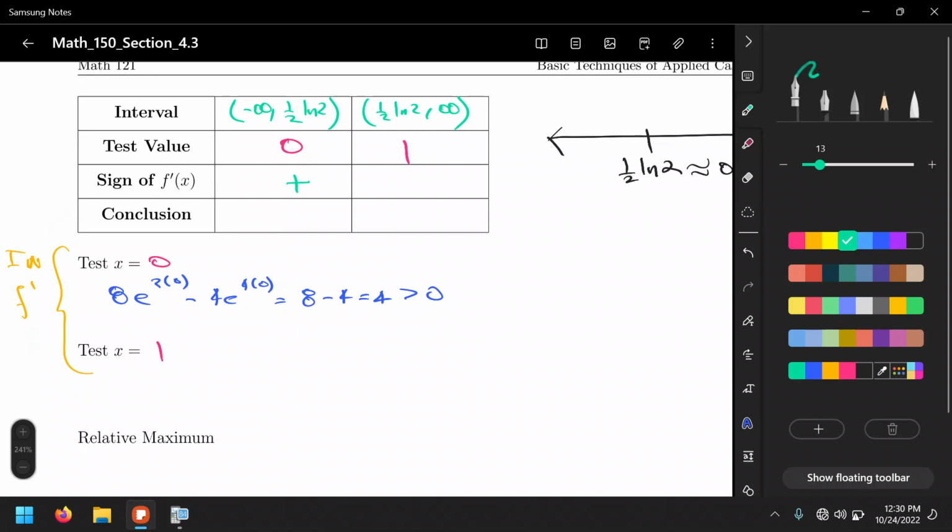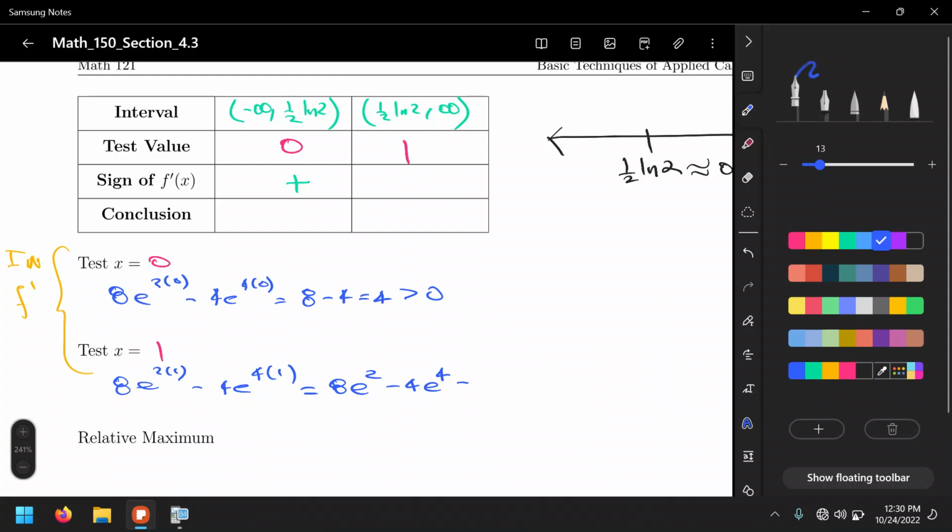What about 1? So 8 e to the 2 times 1 minus 4 e to the 4 times 1. This is going to be 8 e to the second power minus 4 e to the fourth power. I don't have a way to tell by just looking at the numbers whether this is positive or negative, so I'll have to use the graphing calculator.